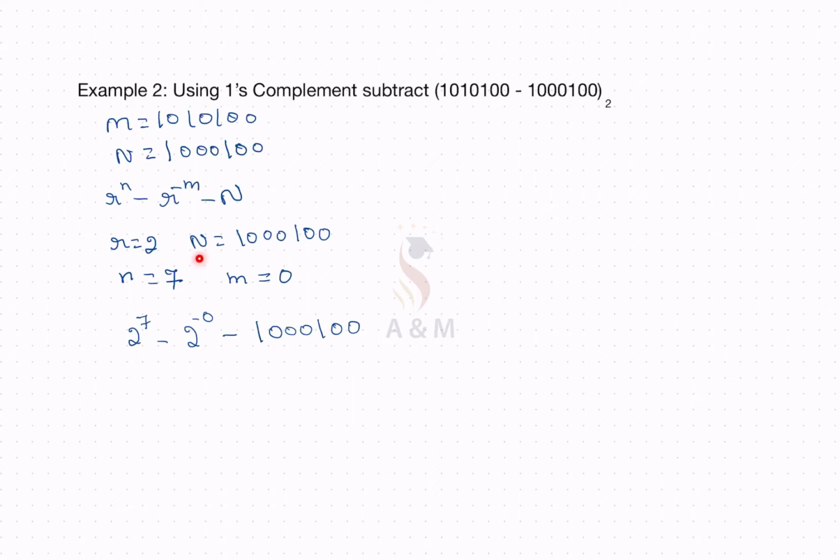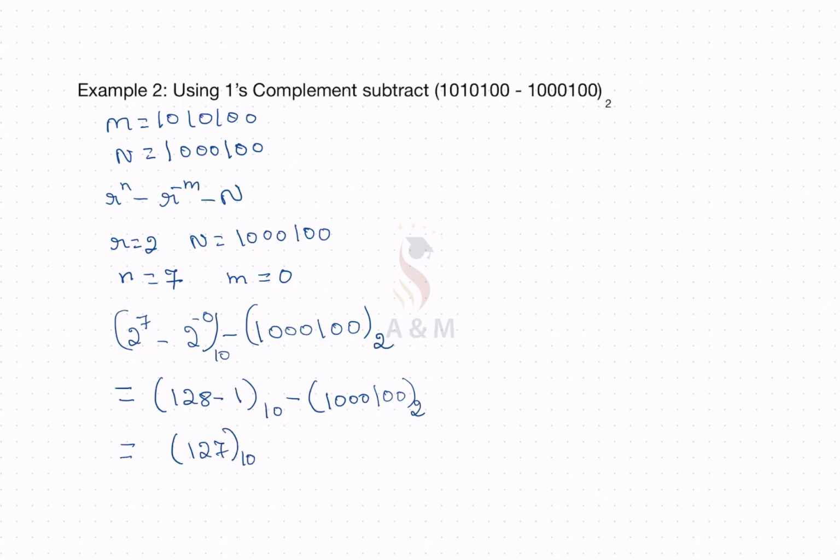Here N, 1000100, is in binary form, that is to the base 2, but 2 to the power 7 minus 2 to the power minus 0 is in base 10, which is equal to 128 minus 1 to the base 10 minus 1000100 to the base 2, which is equal to 127 to the base 10 minus 1000100 to the base 2.